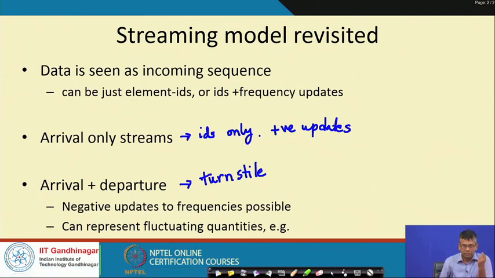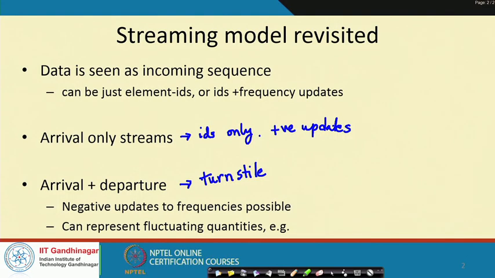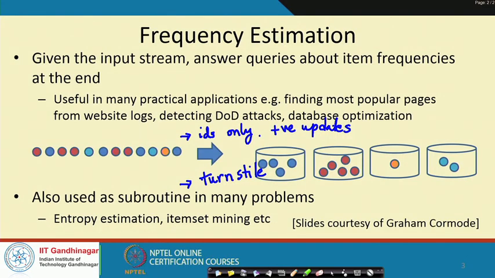In most cases, we will deal only with streams where deletions can be made only to objects that you have already inserted, which means that the effective total frequency of any particular item can never go below 0. This is also sometimes called the strict turnstile model.